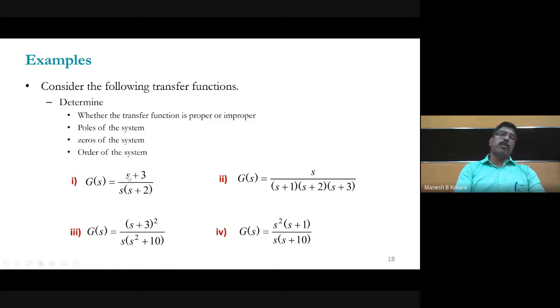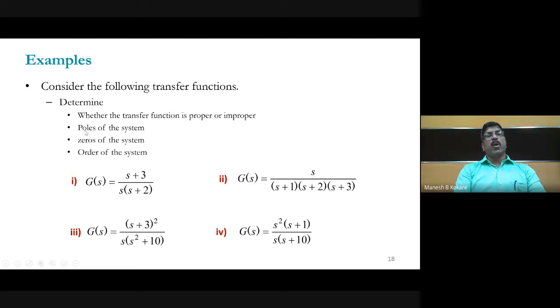What is the power of the numerator here? It is 1. What is the power of the denominator? It is 2. So if the denominator power is higher than the numerator power, then that system is considered a proper transfer function.